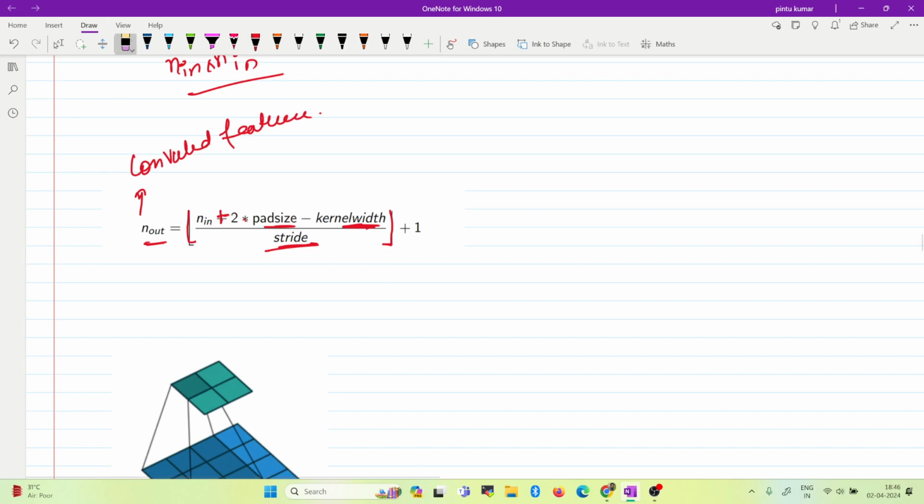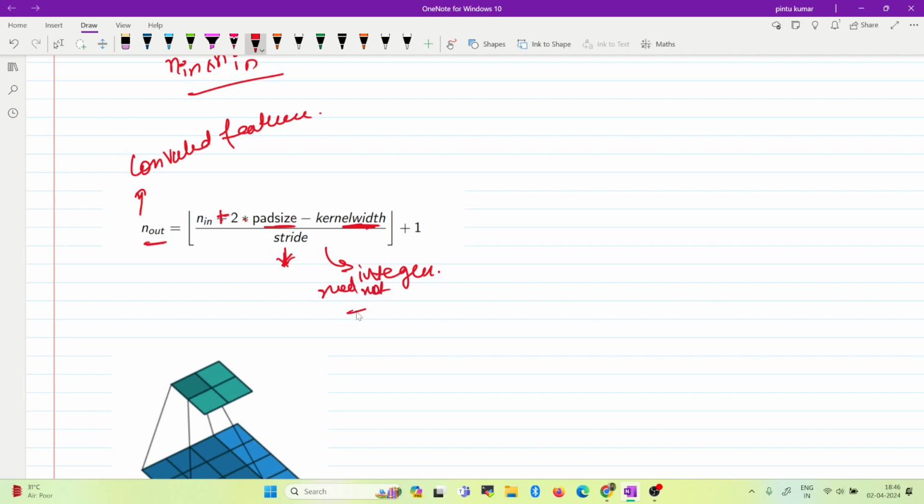This bracket is not the normal bracket. It is the flooring of the value you obtain, because your stride can take any value bigger than 1, so the value obtained by dividing by stride need not always be an integer.